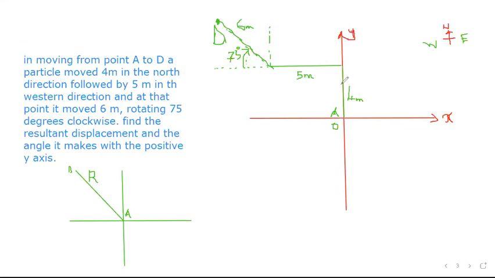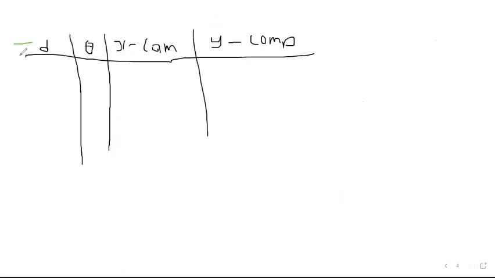So we have 3 journeys, 1, 2, and 3. So at this point you would have journey 1, journey 2, and journey 3. And let's say results here.